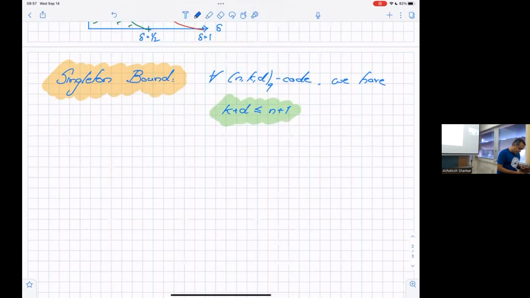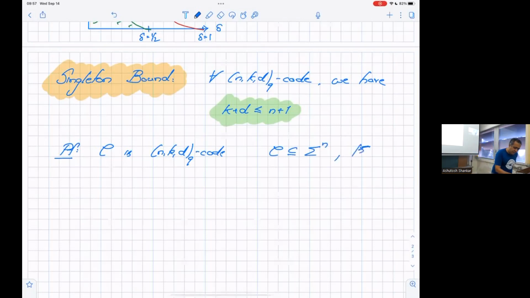First, let's see the proof of this, and then see what it means asymptotically. So you're given some code C, which is some (n, k, d)_q code. So C is some subset of sigma to the n, where sigma is of size q.